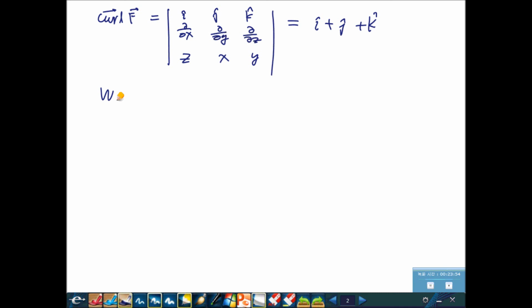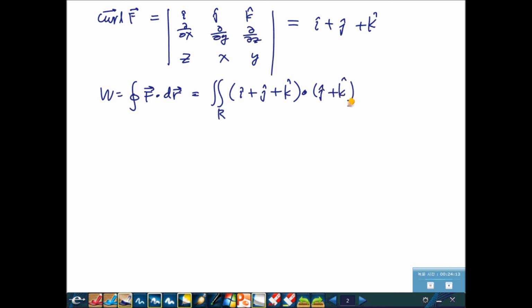And we are ready to get the work. Integrating curl F dot dS over the region: i plus j plus k dot product with j plus k, that's the direction vector for the surface.